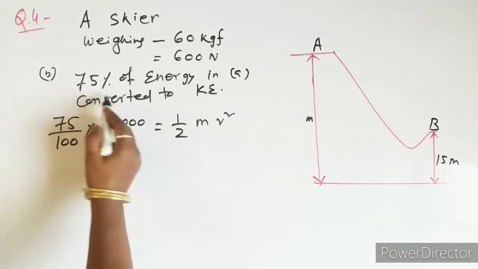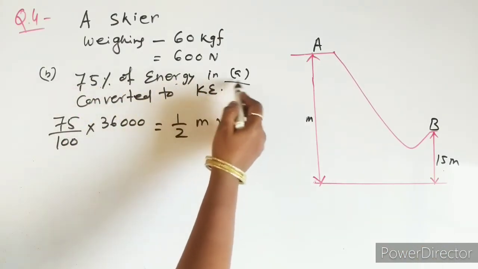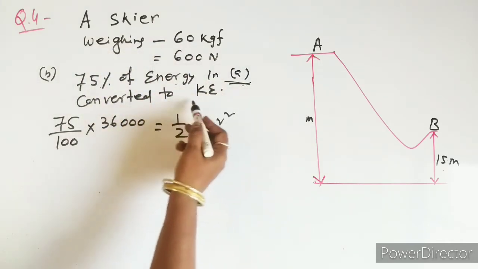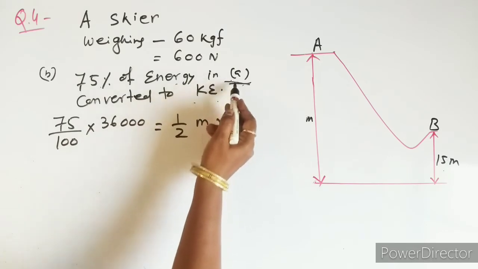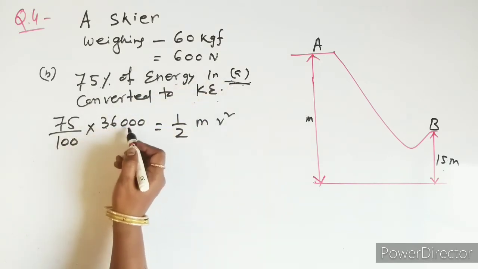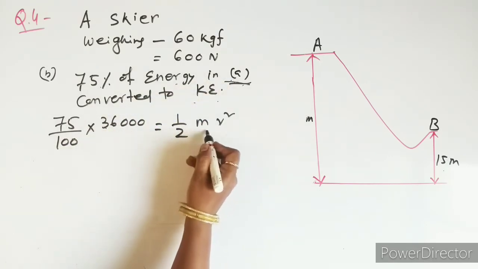Second bit: the energy at A, the previous one, is converted to kinetic energy. So here we have the answer, 36,000 we had got. So this is equal to half mv square.